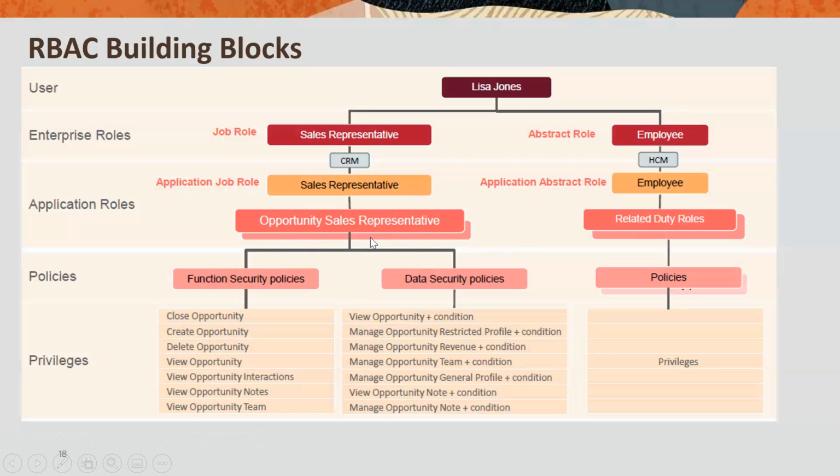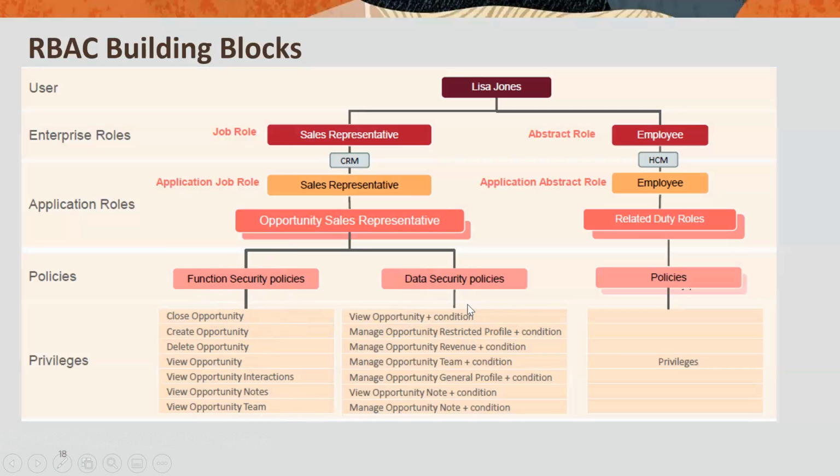Under that, we can define some functional security policies. If you see this one, we have all the access, right? View opportunity, view interactions, view notes, view team, delete, create, close opportunity, and manage opportunity. This is called functional security privileges.